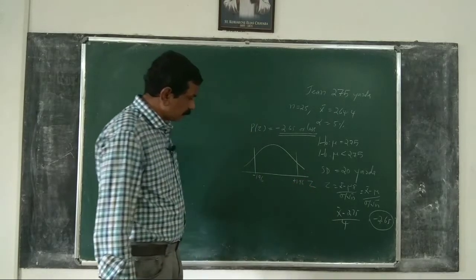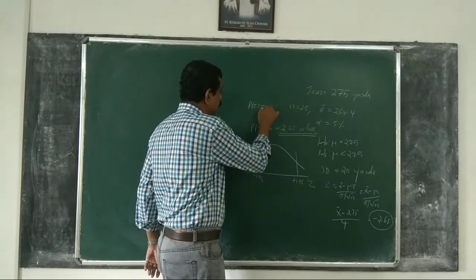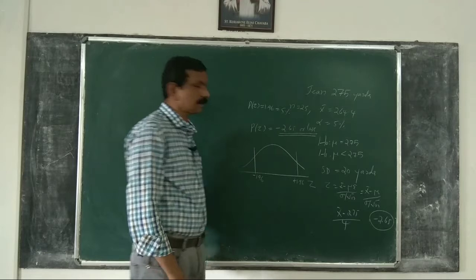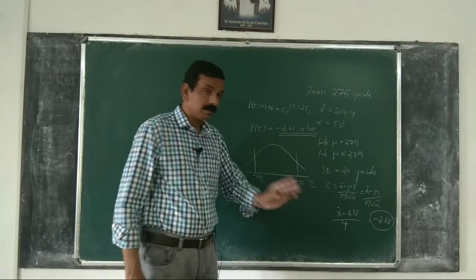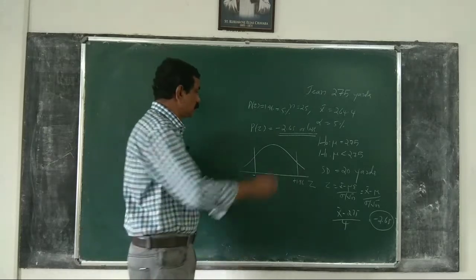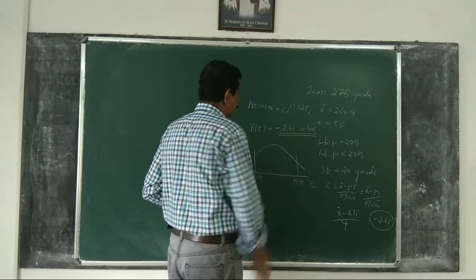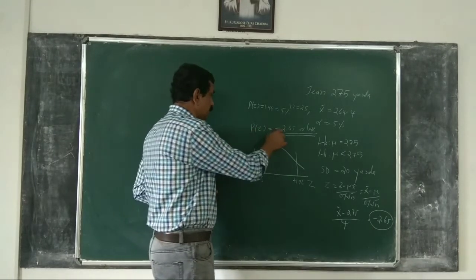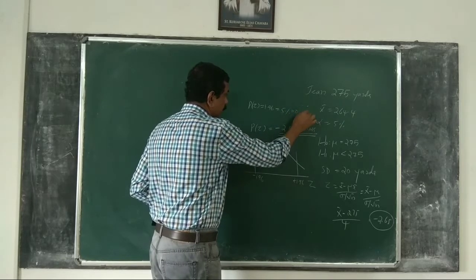If I ask, what is the probability that Z is equal to 1.96? The answer is 5%. Then what is the probability that it is equal to minus 2.65? This probability is less than 5%, or 0.05.